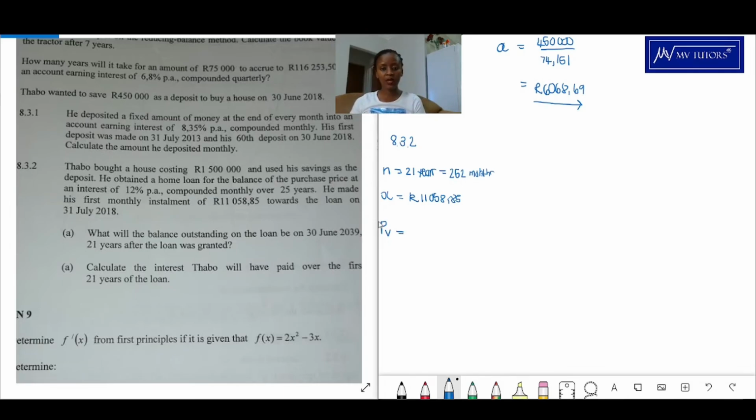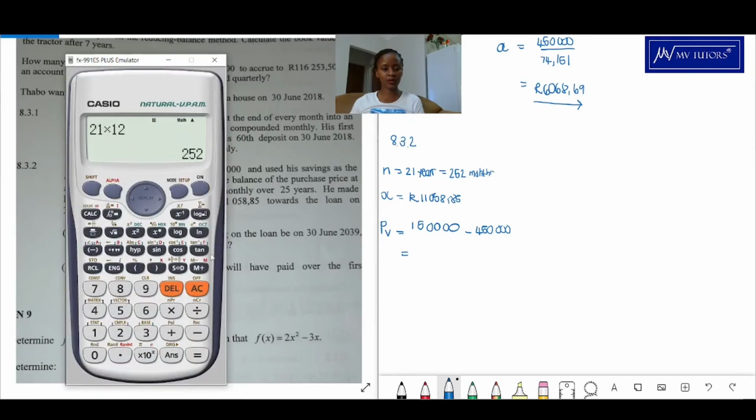He wanted to buy a house for 1.5 million, and we need to subtract that 450 that he saved. So his present value, or the loan amount, is going to be 1,500,000 minus 450.